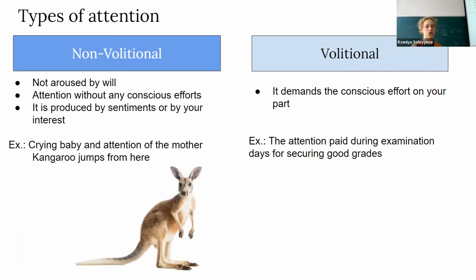You don't control non-volitional attention. And an example here, you see the kangaroo in the picture, and if this kangaroo jumps out of the picture, you will have a non-volitional type of attention.